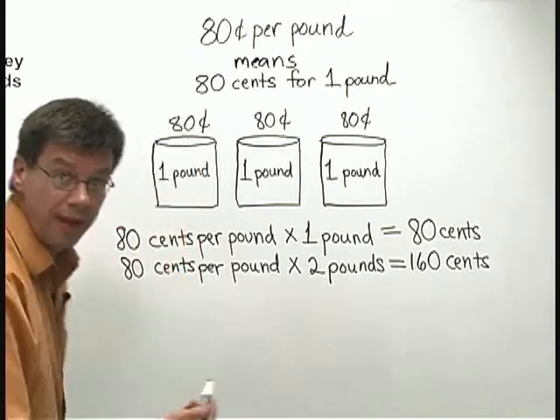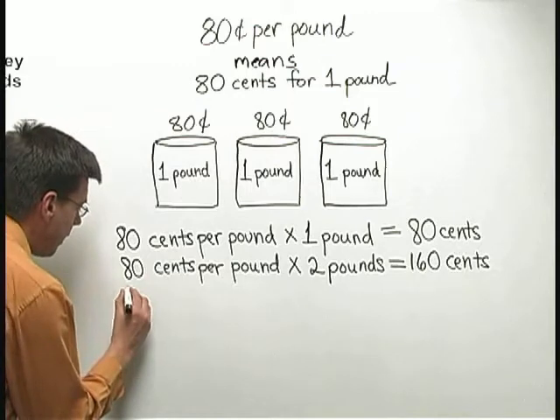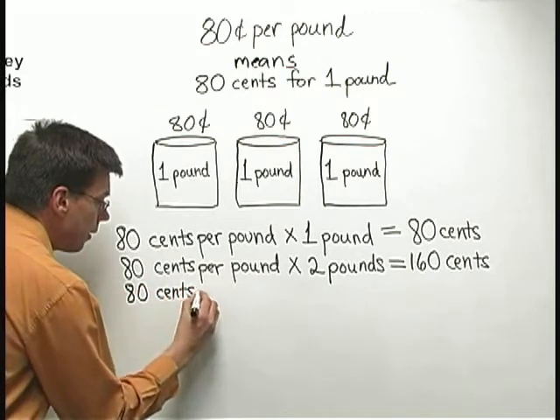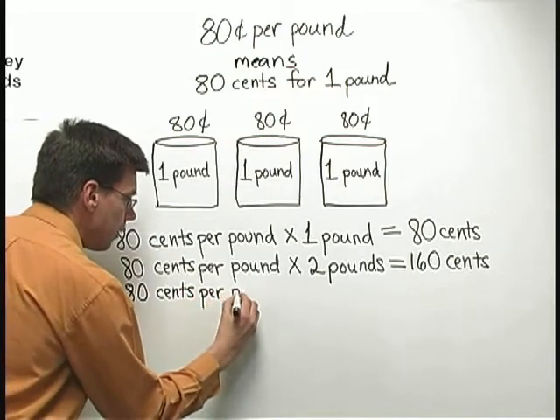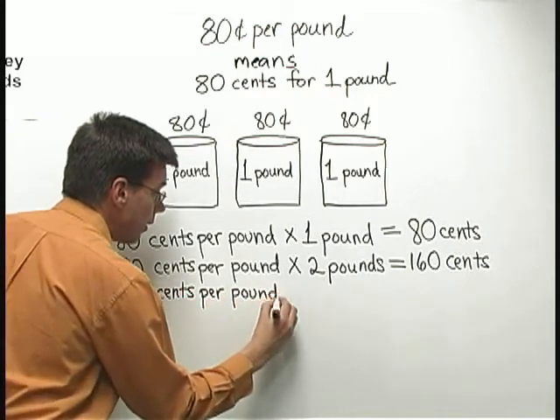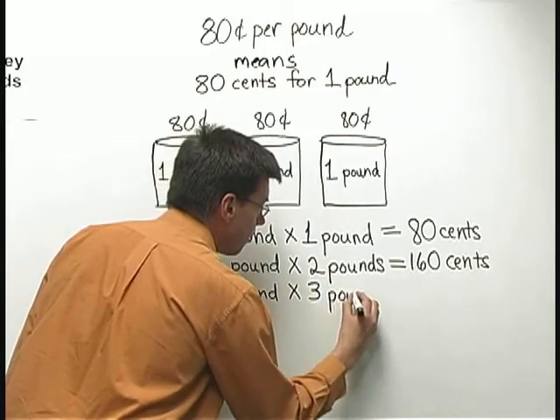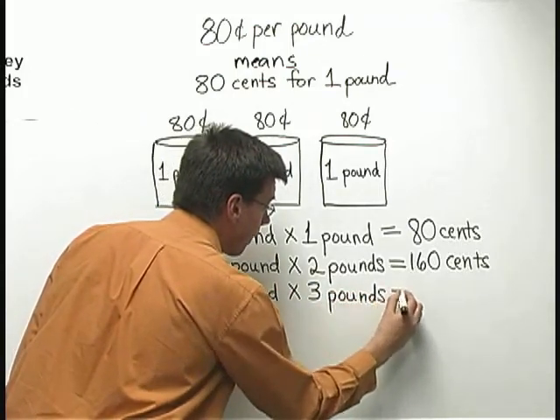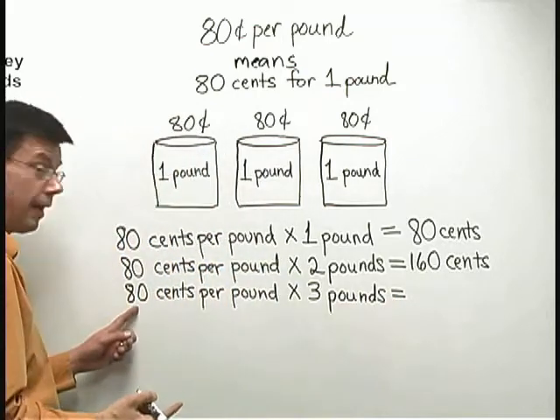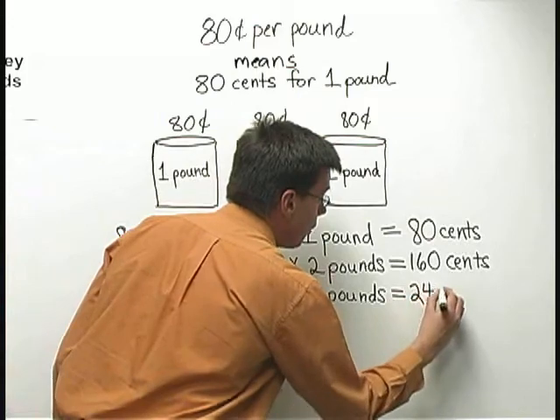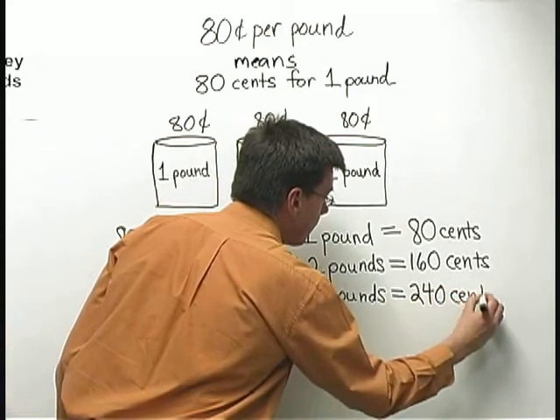Let's represent that using the rate. 80 cents per pound times 3 pounds is going to equal, again, 80 times 3 is 240 cents.